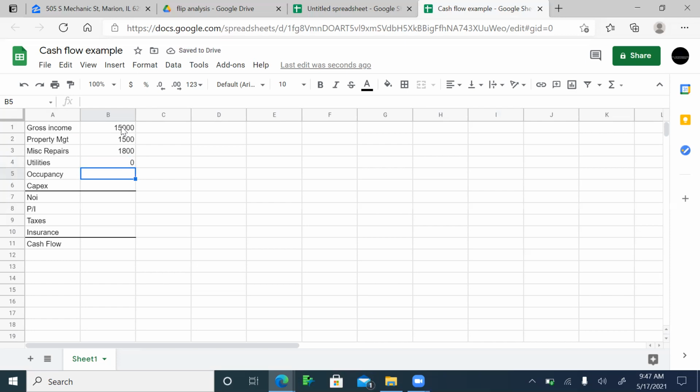Occupancy, like I said in one of my previous videos, I'm assuming that I'm going to lose 1 whole month to vacancy each year in both units. So if I take 11 divided by 12, which gets me a 96 point whatever, throw some parentheses around that, and then I multiply that number times the gross income.